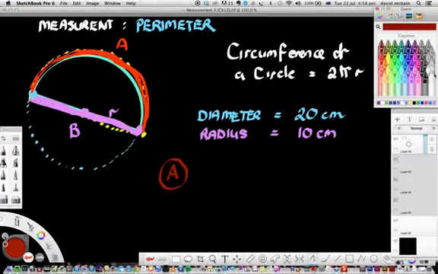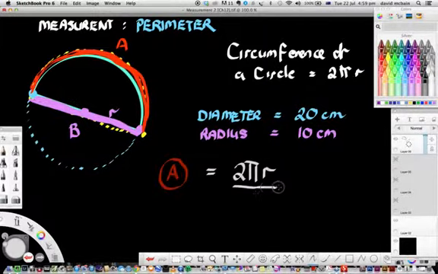So it's going to equal 2 pi r, which is the circumference of a full circle, but we're going to halve it. We're going to divide it by 2 because we only want half the circle. And guess what? Those twos cancel. And so length A is going to be pi times r.